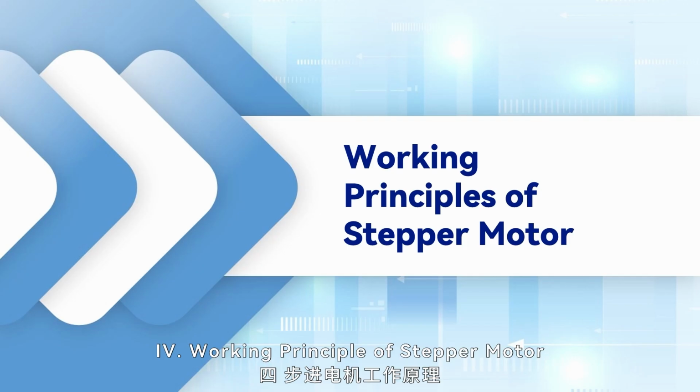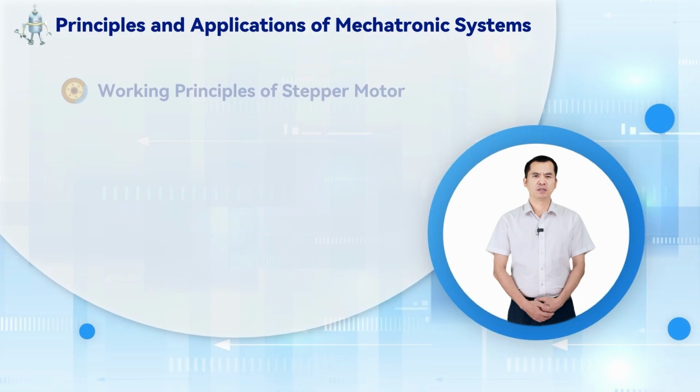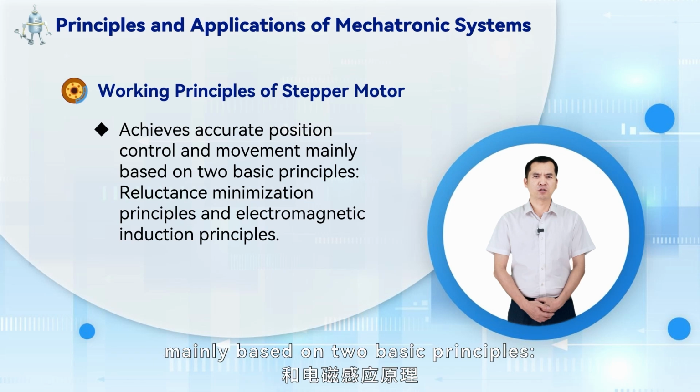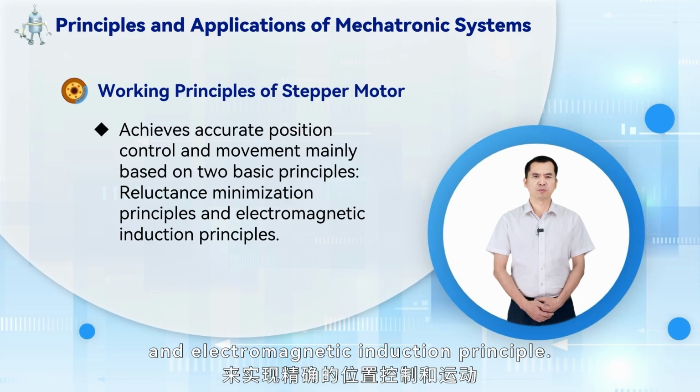4. Working principle of stepper motor. Let's study its basic working principle in detail. A stepper motor achieves accurate position control and movement, mainly based on two basic principles: the reluctance minimization principle and the electromagnetic induction principle.